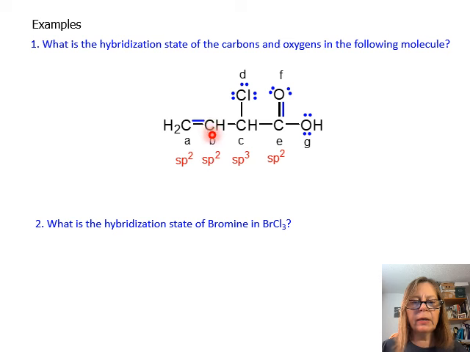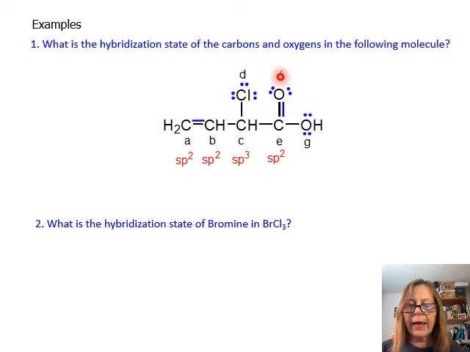Carbon B has a double bond and 2 single bonds, 1 to the H and 1 to the other carbon. It's also sp2 hybridized. C has 4 single bonds. It's sp3 hybridized. E has a double bond and 2 single bonds. It's sp2 hybridized. How about the oxygen?